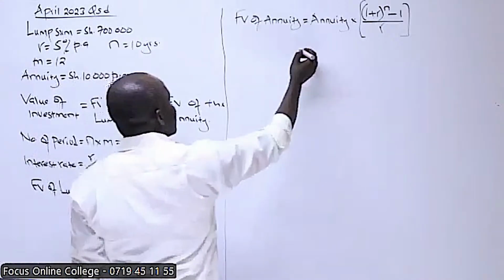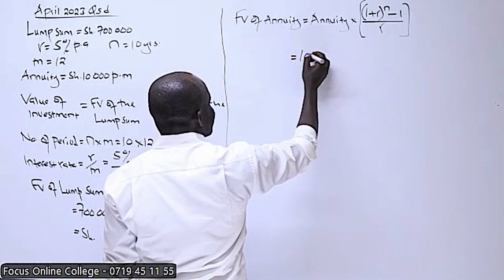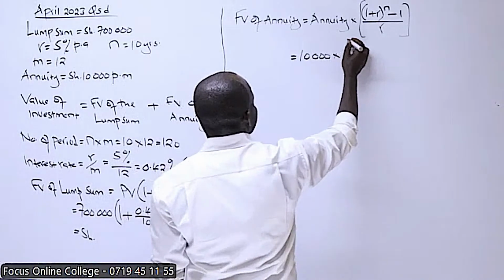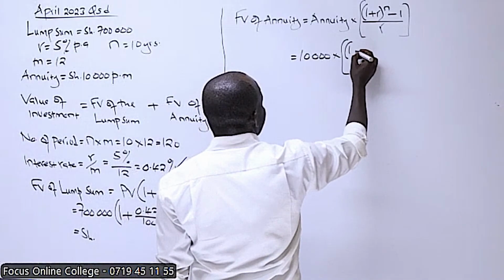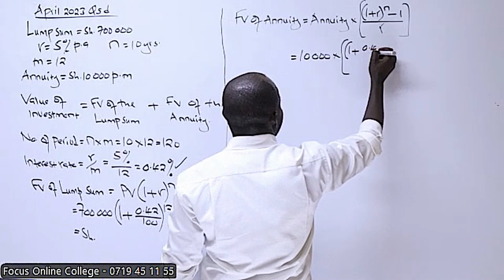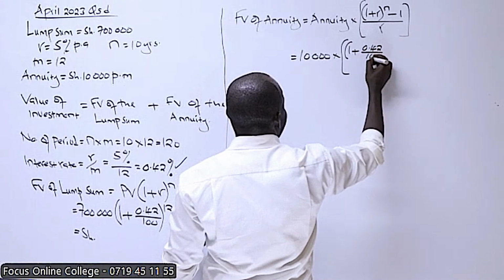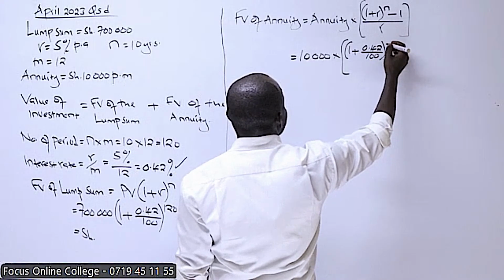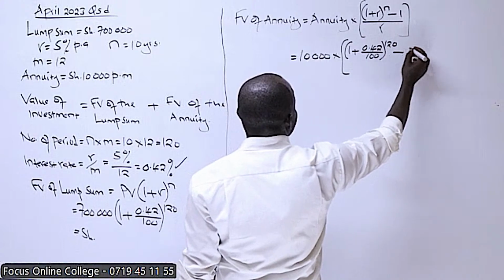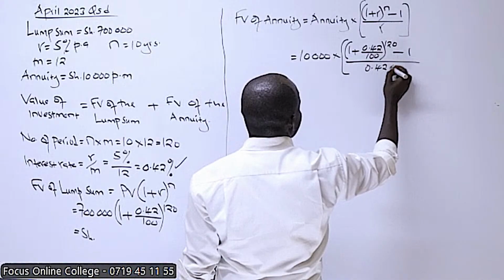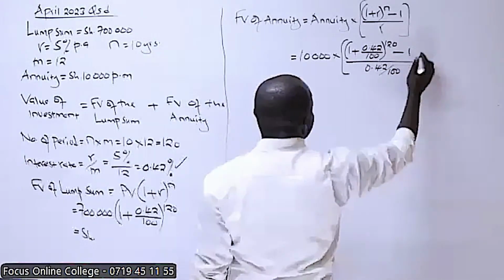So our annuity is 10,000. 10,000 is what we are saving monthly. So times (1 plus 0.42 over 100) power 120 minus 1, over 0.42 over 100.